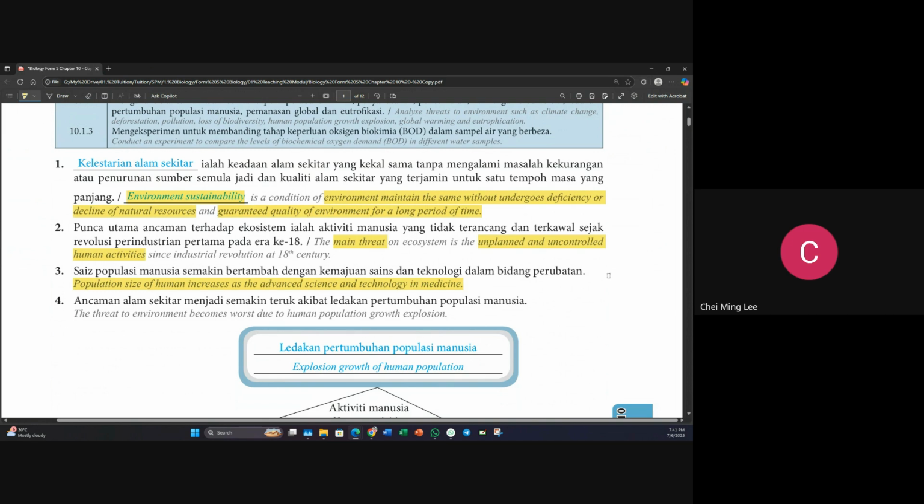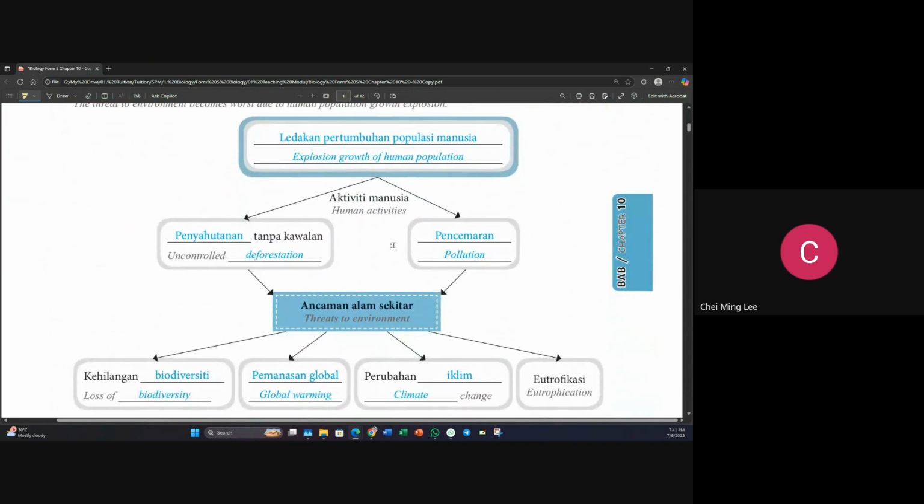And with this, when the human population size increases, we will need more resources per head, right? Because the resources needed per head is fixed. When your population increases, the total resources needed will increase as well. So the main threat is due to the human population growth explosion.